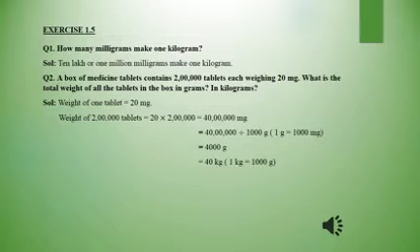We use the relation 1 kg is equal to 1000 grams, and to convert grams into kgs, we divide again by 1000. So our answer would be 40 kg. That means the total weight of the box of medicine is 40 kg, and in grams it is 4000 grams.